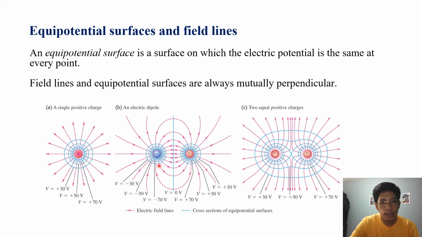The inner surface has a voltage of, let's see, negative 70 volts. Now for your dipoles, it's interesting that in the middle, between the two charges, your potential is equal to 0. This is, on the other hand, the equipotential surface for two equal positive charges.